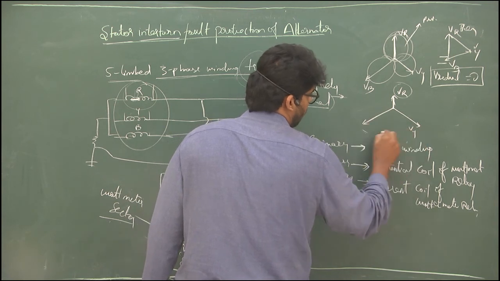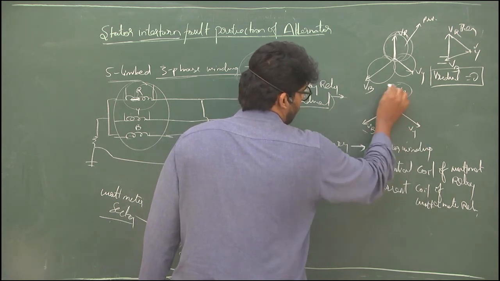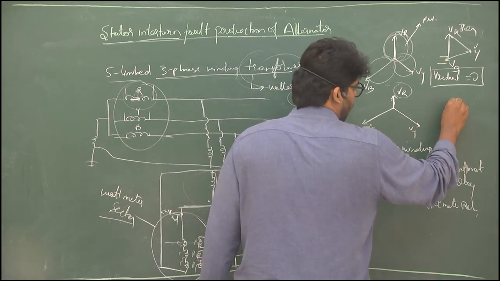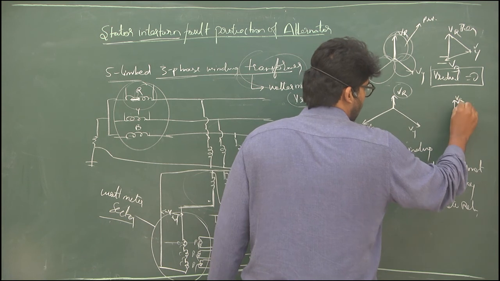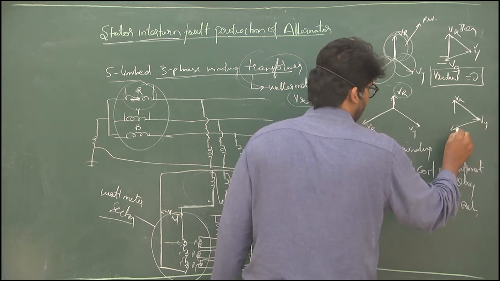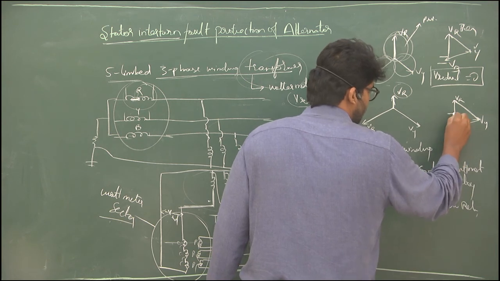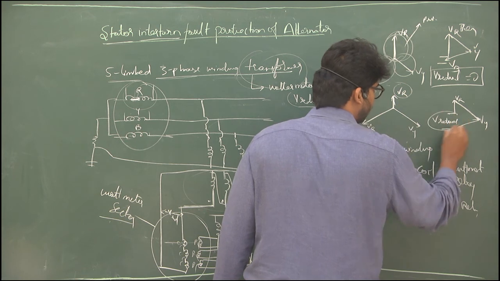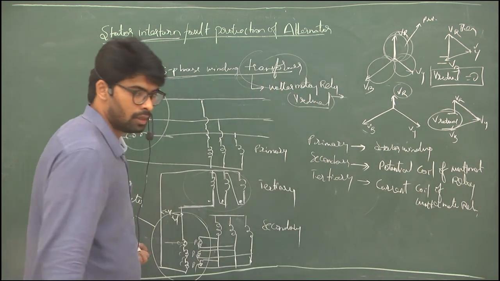The output is taken from the tertiary to the wattmeter in delta form, so the delta will be represented like this. So there is a possibility of a residual voltage which is enough for wattmeter operation.